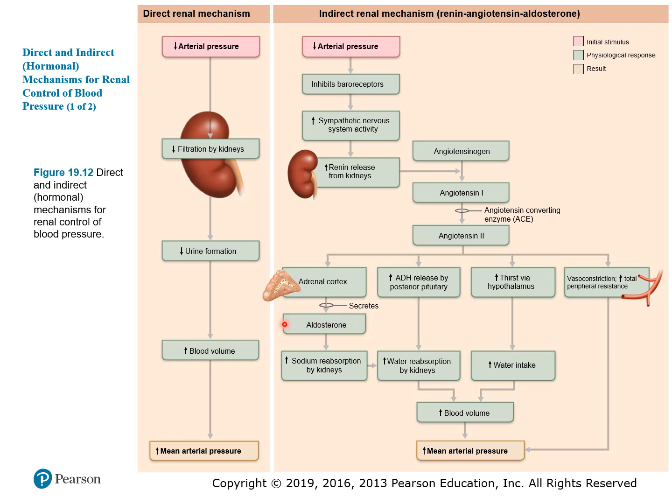We know aldosterone is from the outermost layer of the adrenal cortex. And then when aldosterone is secreted, there is increased sodium reabsorption in the kidneys, and then there is increased reabsorption of water in the kidneys.